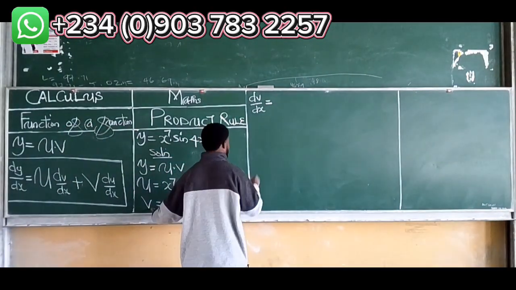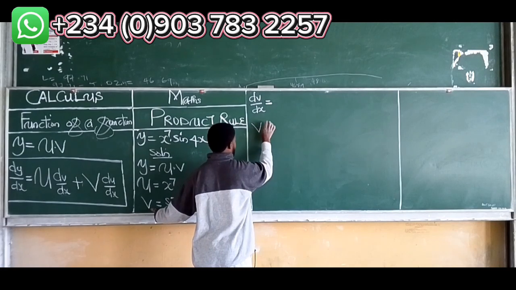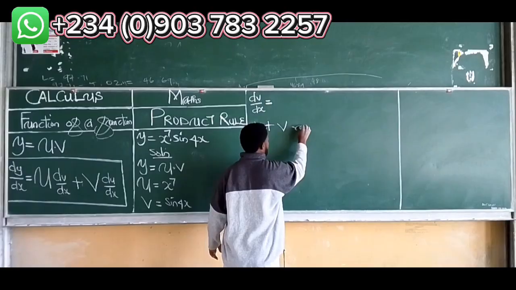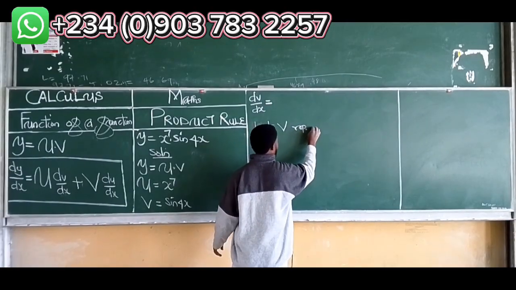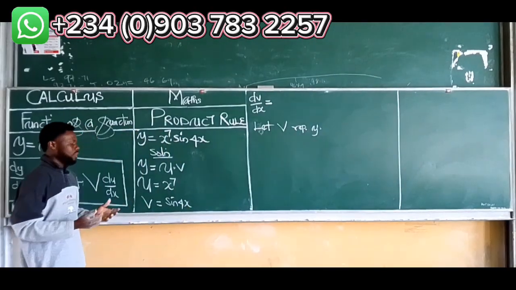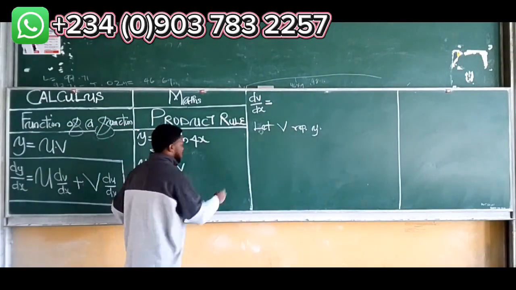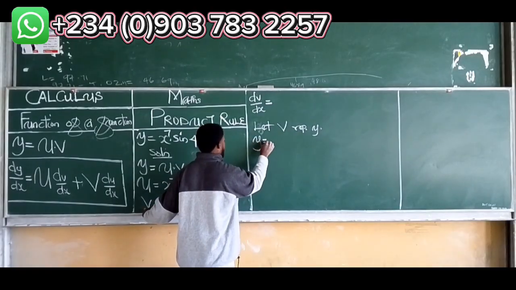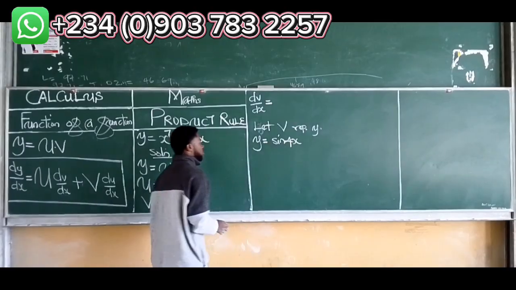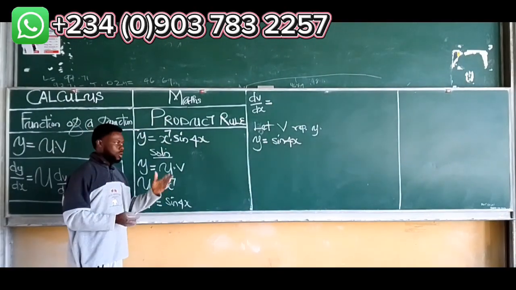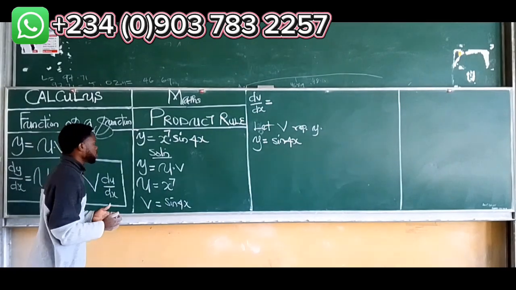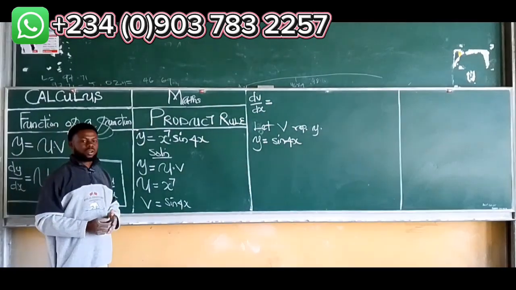Let us say that let v represent y, or let y represent v. So y will equal to sine 4x. We are going to solve this using the method of chain rule. Then the result will become dv over dx that we are looking for.